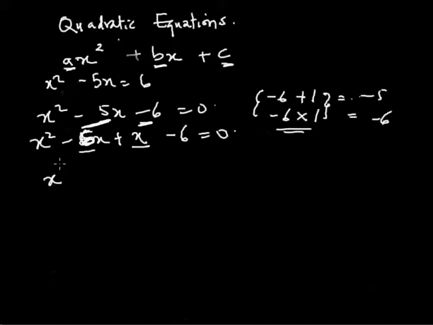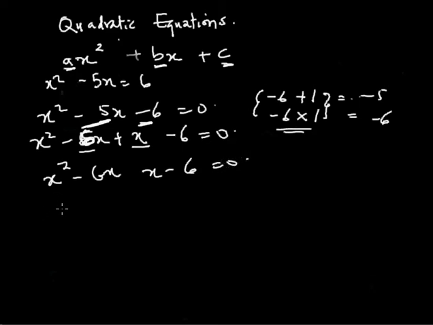Now, if you have this as the factorization, we have x(x minus 6) plus 1(x minus 6) is equal to 0.